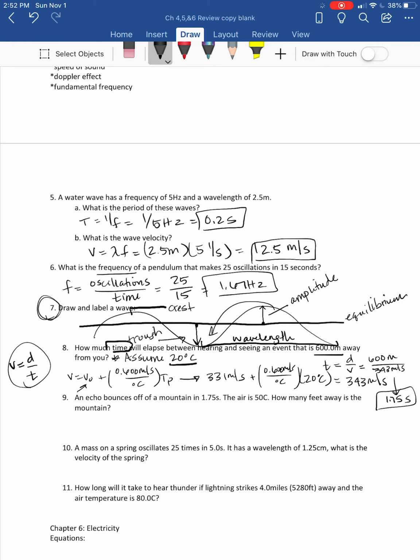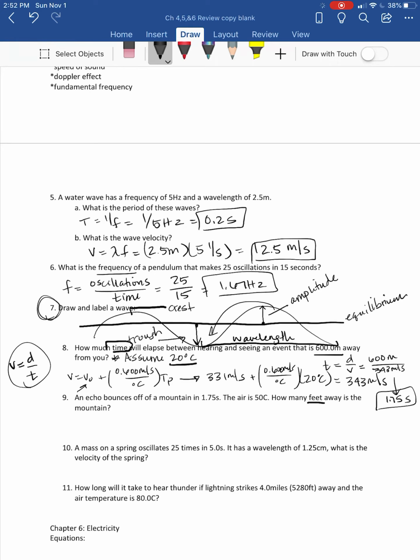All right, number 9. This one is very similar, except it is wanting us to find distance. It wants us to find feet. So we're going to need to use the other part of that table that has feet per second.